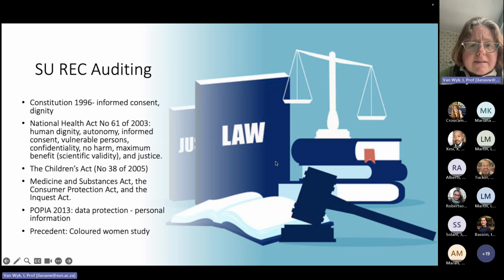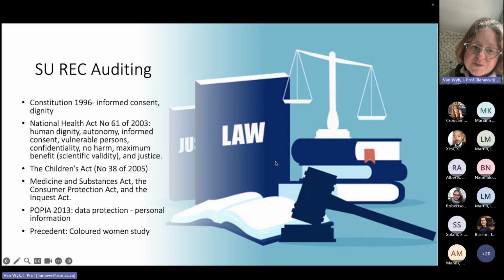We also had the Medicines and Related Substances Act, which dealt with any human substance, tissue, those kinds of things. The Consumer Protection Act, you'll be surprised to know, also governs the kind of research we can do. And the Inquests Act, for the lawyers amongst you, you might want to go and read up on that.